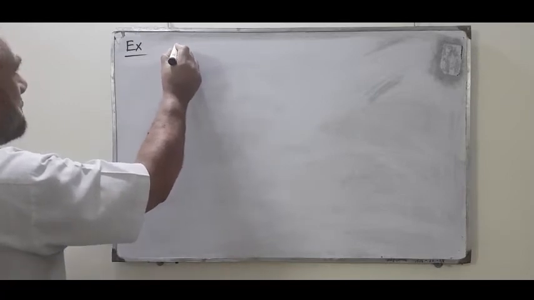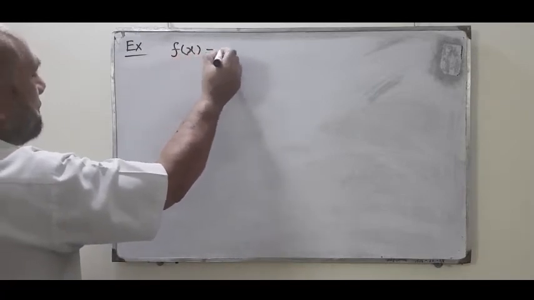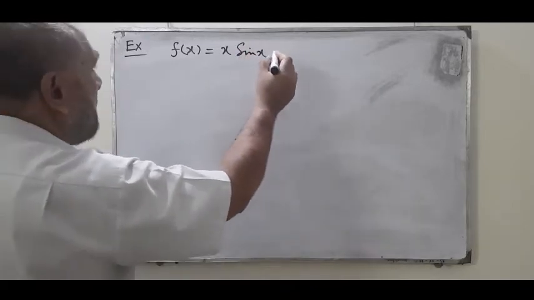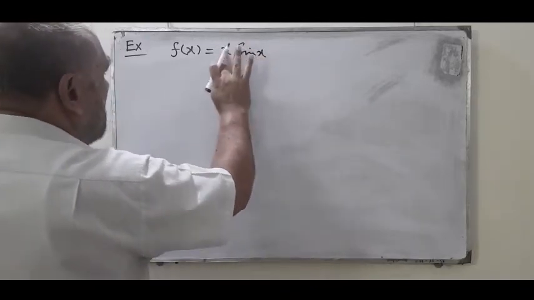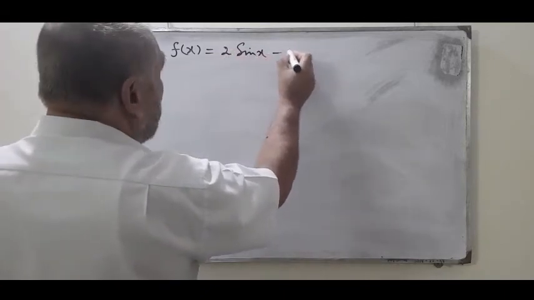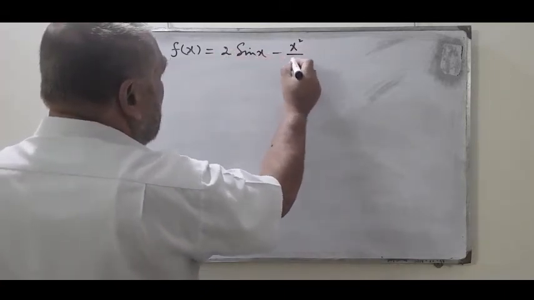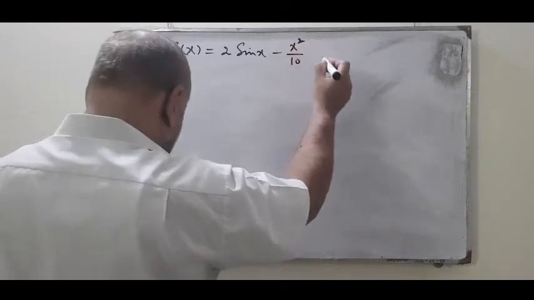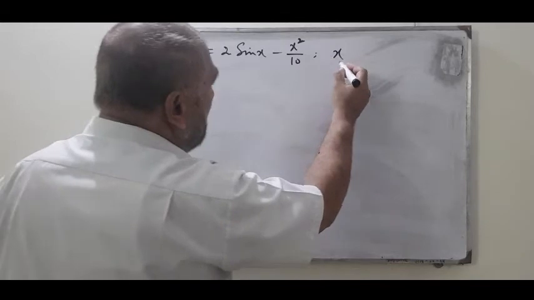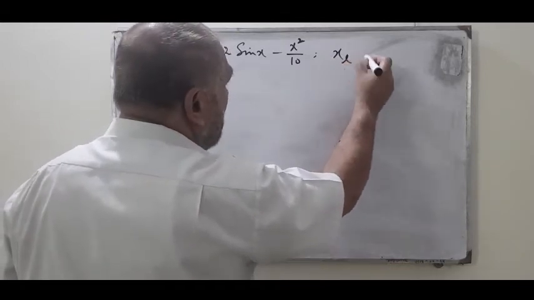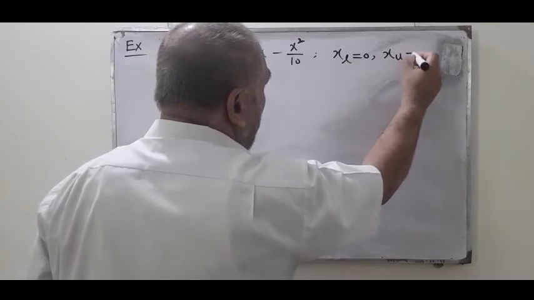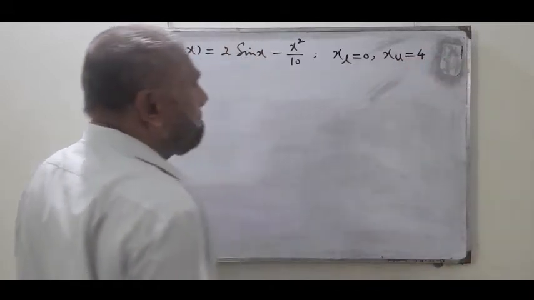we are given a function f of x equals x sin x minus 2 sin x minus x square by 10, and the interval in which the optimum value of the function lies is xl equals 0 and xu equals 4.